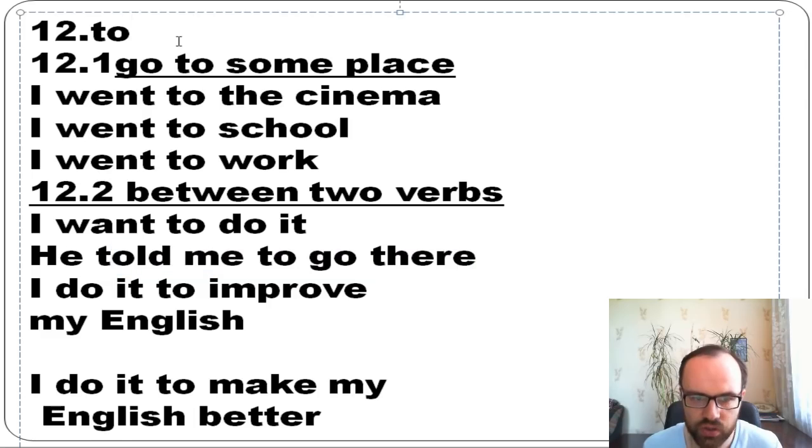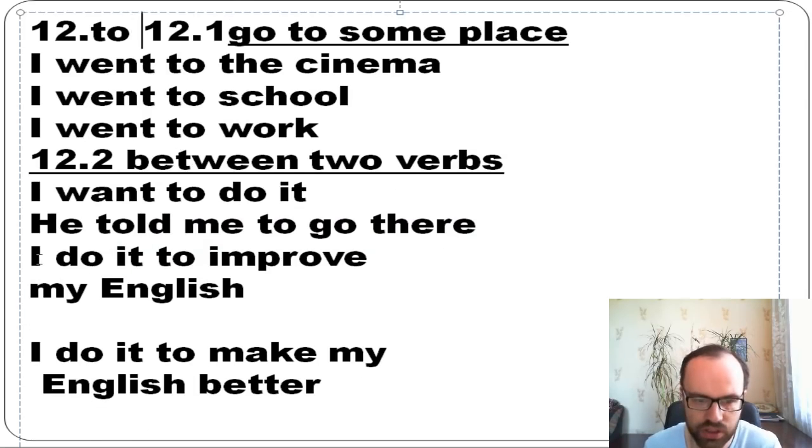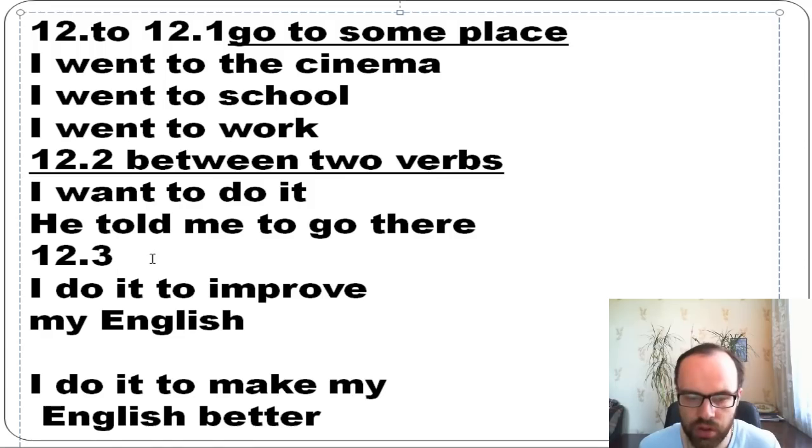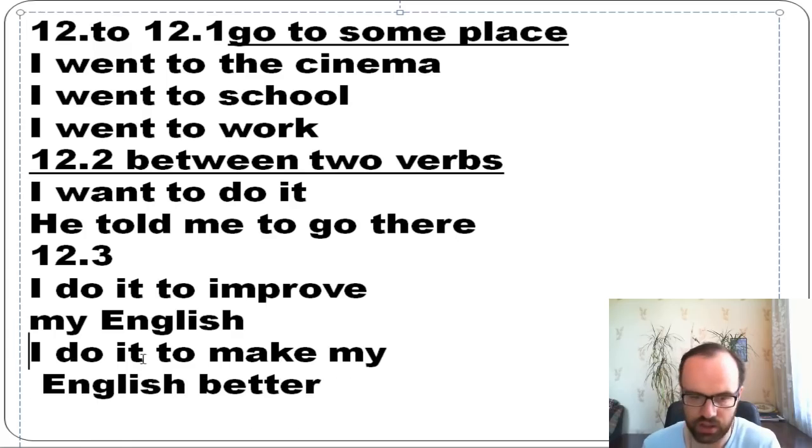And we have one more situation. It's the third situation. For example, I do it to improve my English. We can't say it without to. I do it to make my English better. So we call it infinitive.